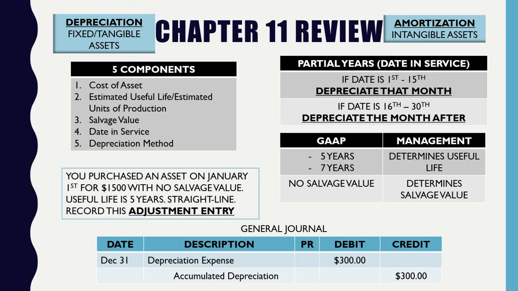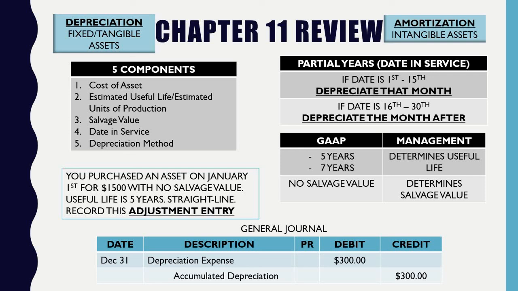Same thing with rules number 2 and 3. You need to know which one you are going to use. Are you going to use GAAP or are you going to use sole proprietor? But for sole proprietor, you can use the information from GAAP. You can intermix whatever you'd like, because only sole proprietors have the leniency to determine the value of the estimated life, and they can also determine their own salvage value.